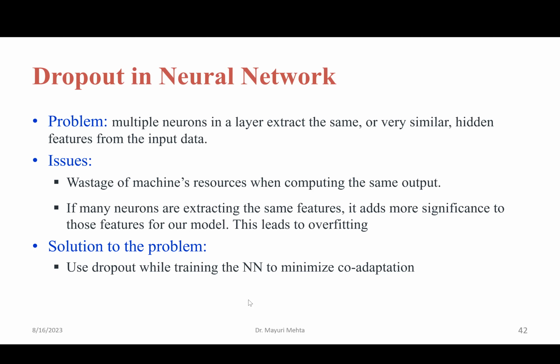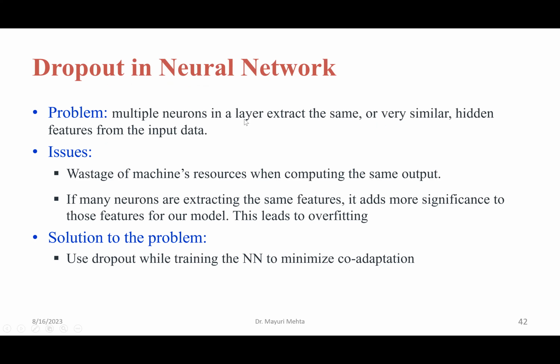When co-adaptation occurs, it leads to two different issues. I hope it is clear what co-adaptation is: when multiple neurons in a layer extract the same or similar information from the input data.